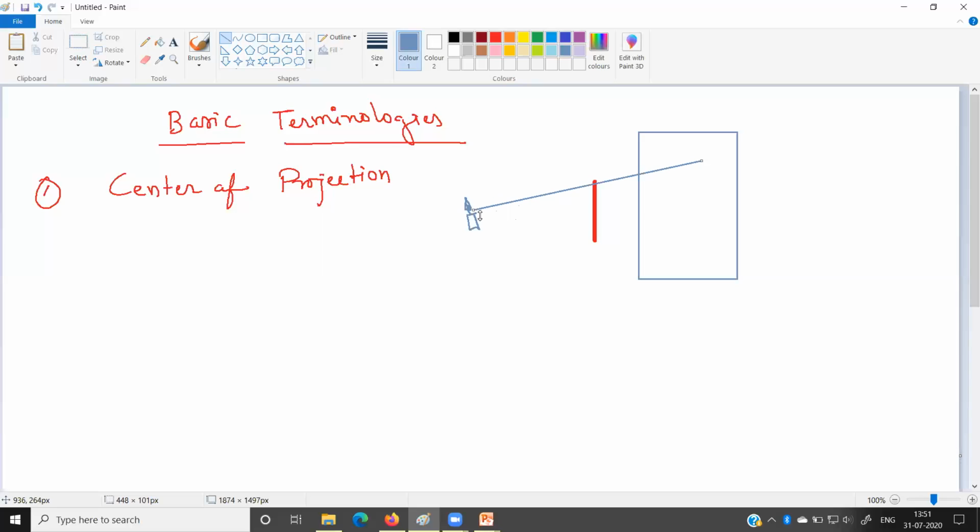In this case, you can see that there is another straight line which is passing from this, and you can see the shadow is formed like this. This is just a rough sketch. So you can see the shadow will be formed like this one. This one is the image of the projected line.